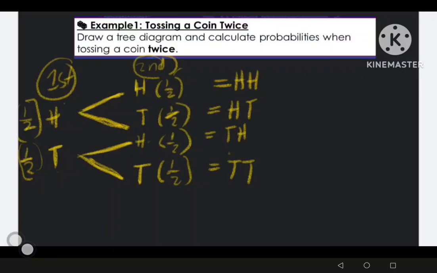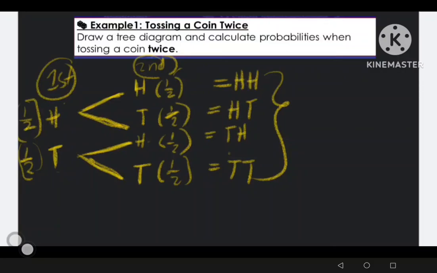So these are our results, the outcomes. Now let's get the probability of each outcome.